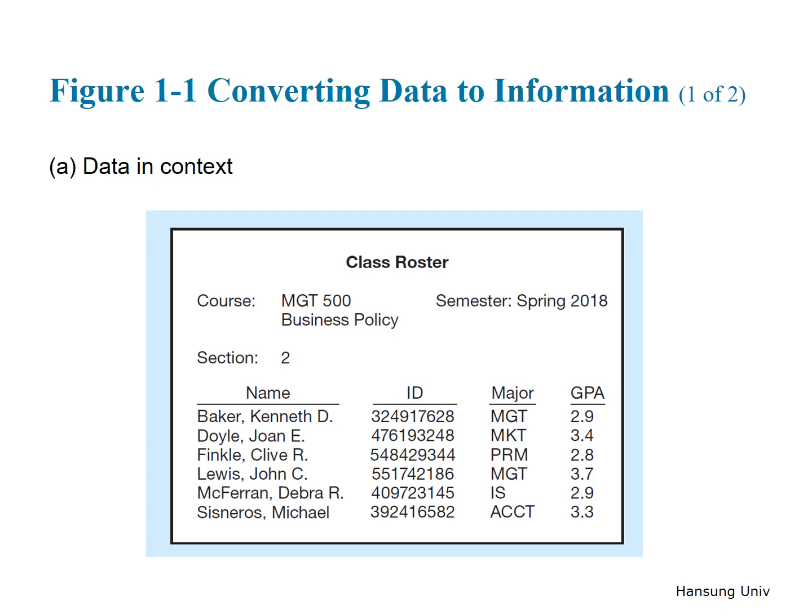Baker Kenneth D., his major management and overall GPA 2.9. Doyle John E., major marketing, GPA 3.4. Pinko Clive R., major programming, GPA 2.8. Louis John C., major management, GPA 3.7, and so on.